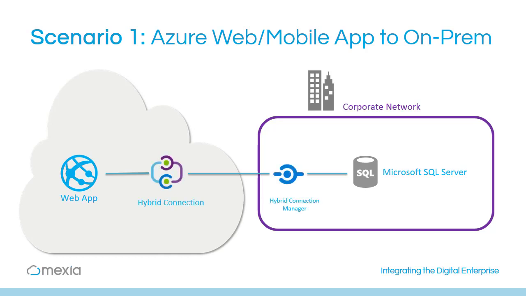They're super easy to configure, they're relatively inexpensive, they require no network reconfiguration, and in many times it doesn't even require any changes in your application configuration. This supports a truly lift and shift scenario where if your website worked on-prem, once you deploy it as a web app and set up a hybrid connection, it will continue to work without even changing the connection strings.